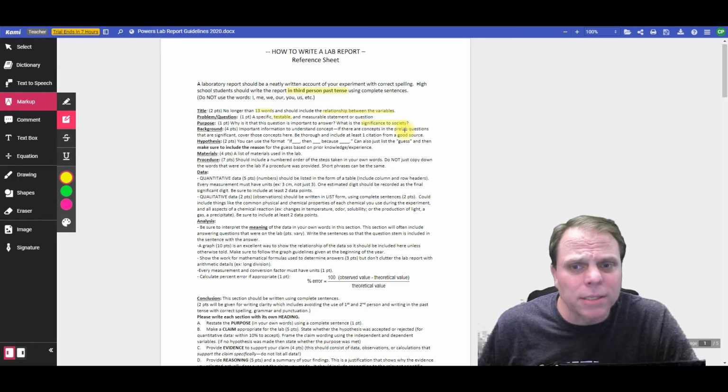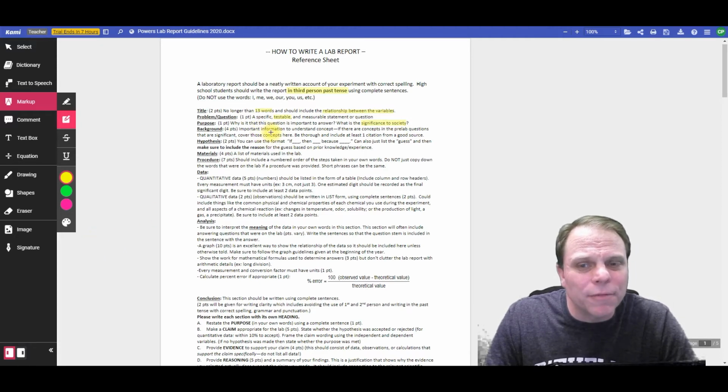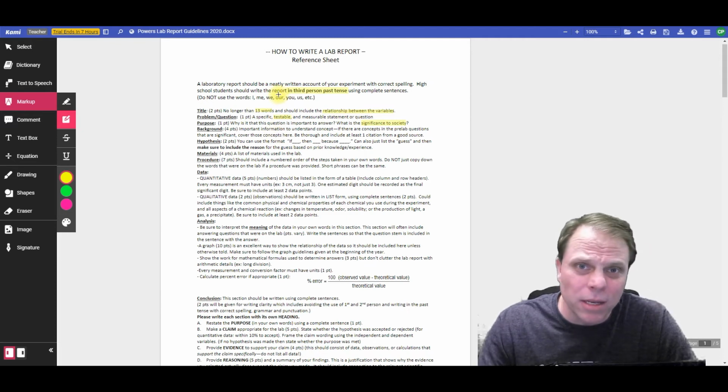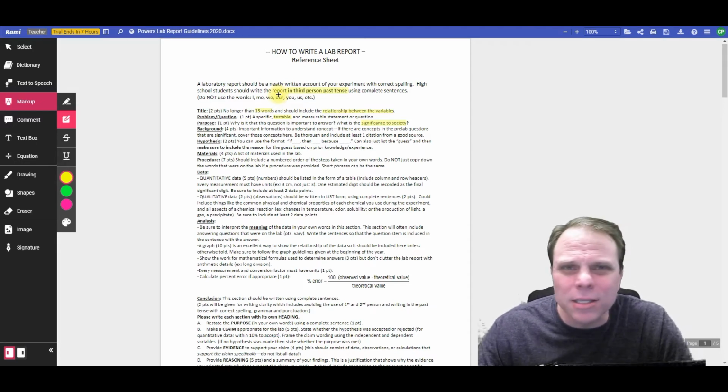Now, in your background section, you want to make sure that you are talking about concepts that are significant, and maybe these things would be something that the teacher may have given you in a pre-lab session. But you want to make sure that you're talking about what kind of stuff I need to know digging into this problem.